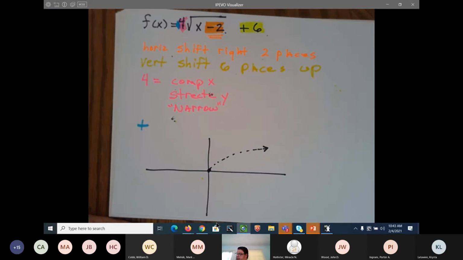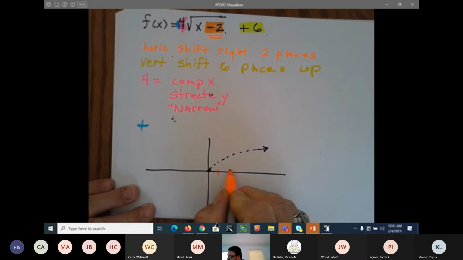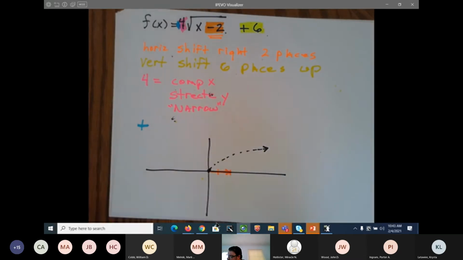So we're going to shift that sucker 2 places to the right. I'm going to take my orange pen and go 2 places to the right. And I'm going to take my yellow pen and go 6 places up.